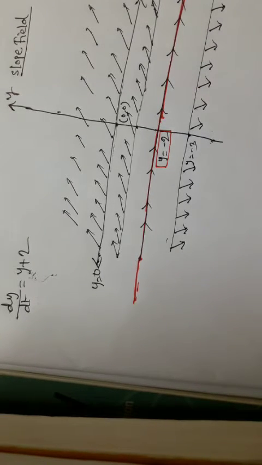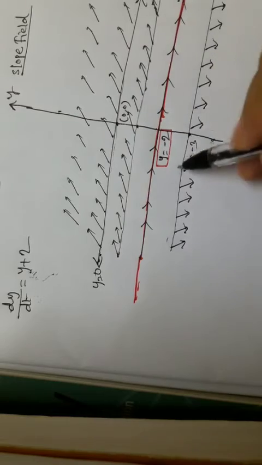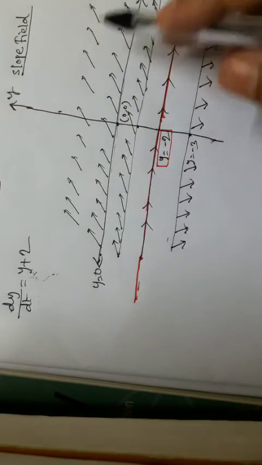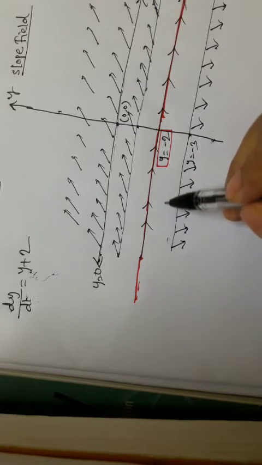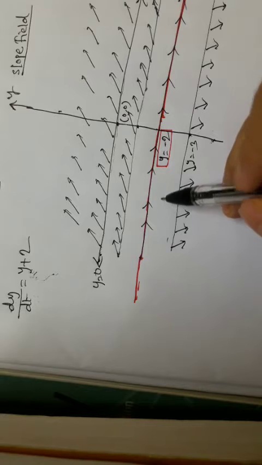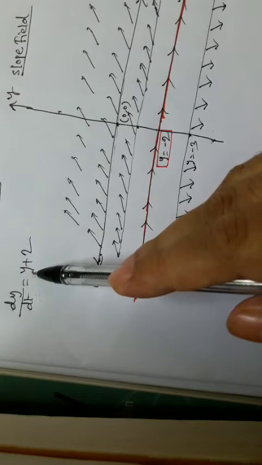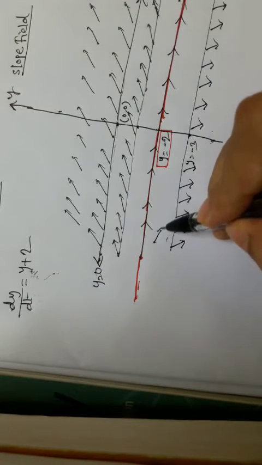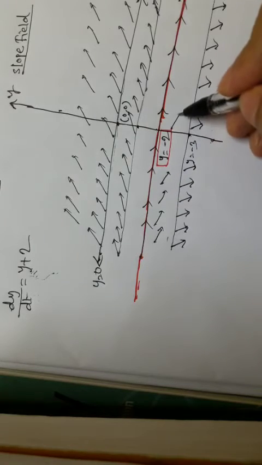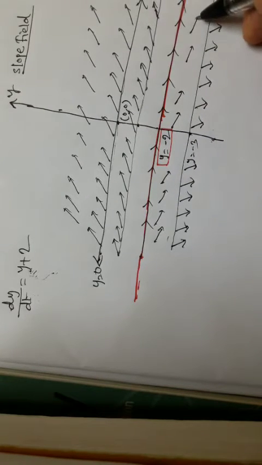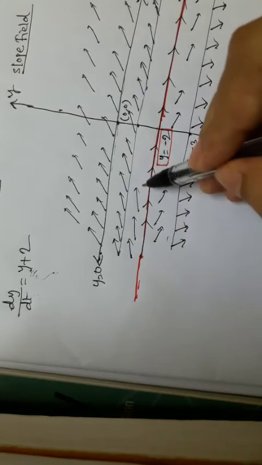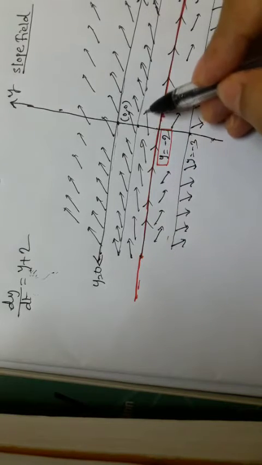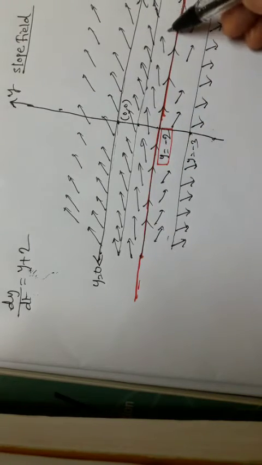We investigate like this. Now if I consider a point here, suppose minus 2.5, then putting it in dy/dt gives minus half, that is, the slope will be like this. And in this region the angle theta will be very small.